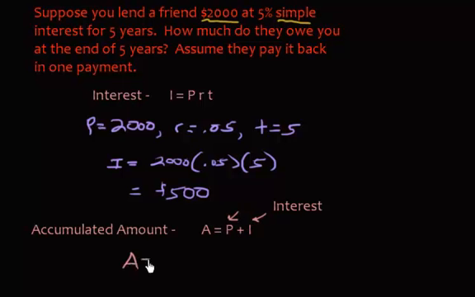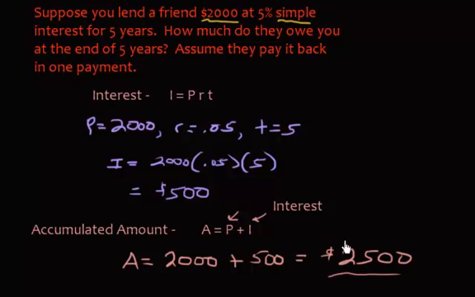So in this case, our accumulated amount is going to be the original principal of $2,000 plus the $500 that they owe you in interest, and you should be getting a check for $2,500.